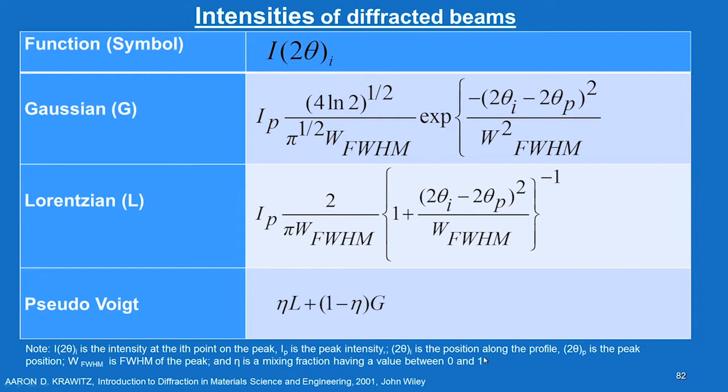So, if you have this kind of an expression, then we have some advantage of using this mathematical model to separate some of the effects, namely instrumentation, crystal size effect, or the strain in the lattice and so on.